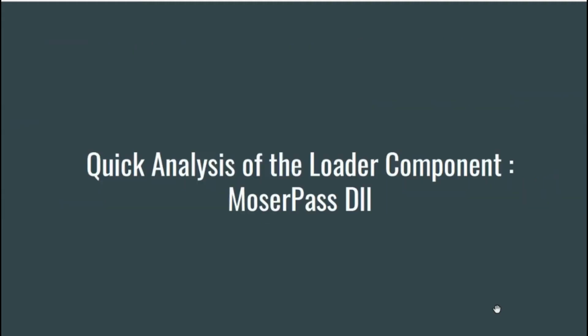So let's now look into the quick analysis of this loader component, MOSERPASS DLL. I'm not going to analyze each and every line of the code, because that's not the objective of this podcast. The main motive of this podcast for me is to touch the components in the aspect of threat intel, as well as to really understand the functionality behind the malware, and as a blue teamer, as a security analyst, what you can do on the defense side as well.